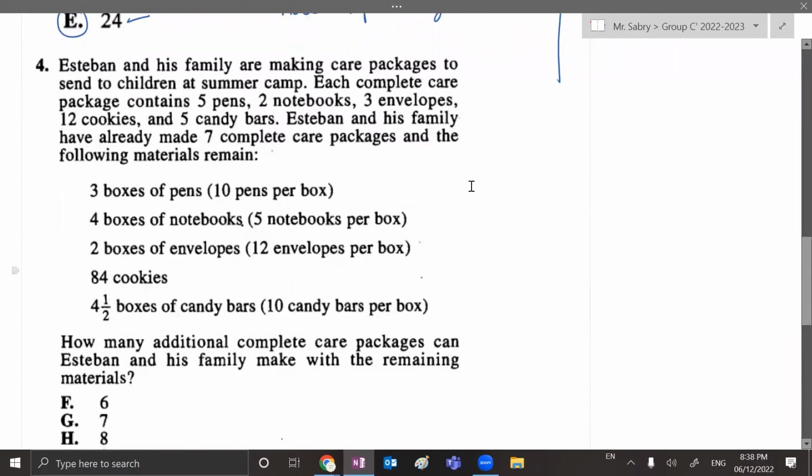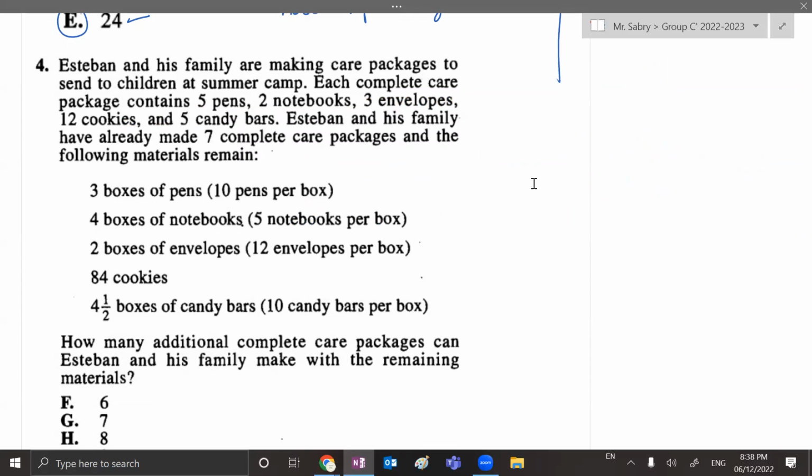Okay. Number 4 now. Esteban and his family are making care packages to send to children at summer camp. Each complete care package contains 5 pens, 2 notebooks, 3 envelopes, 12 cookies, 5 candy bars. They're perfect, amazing care packages.